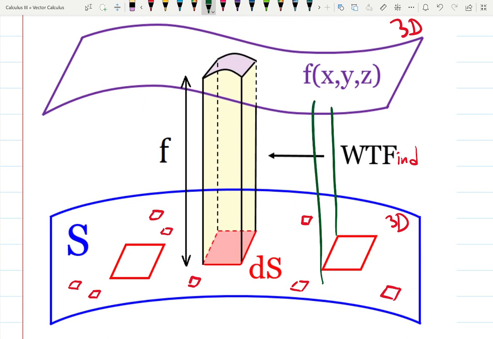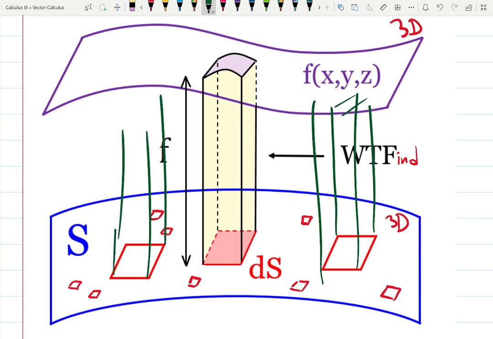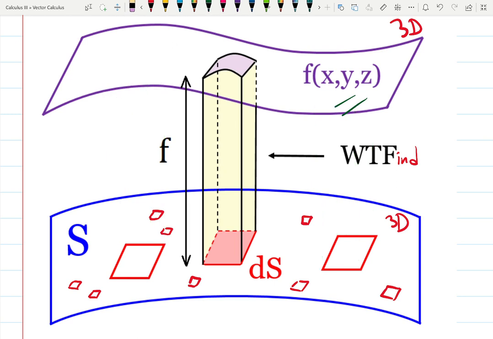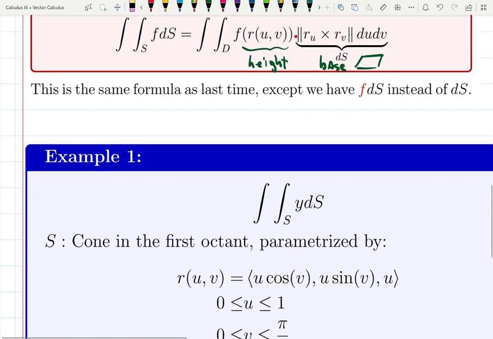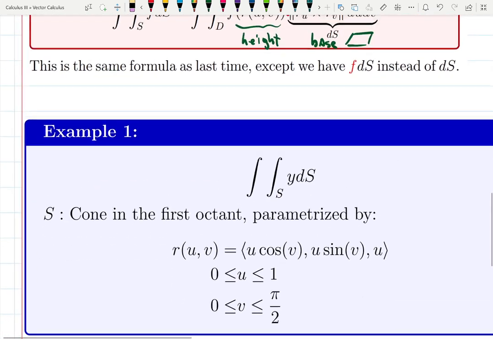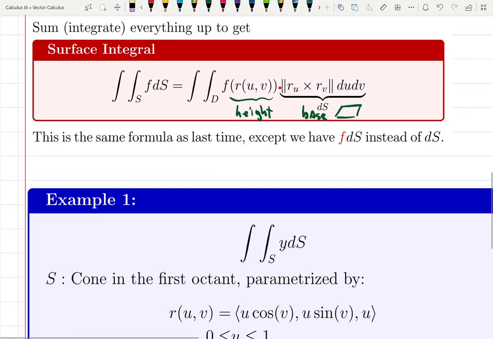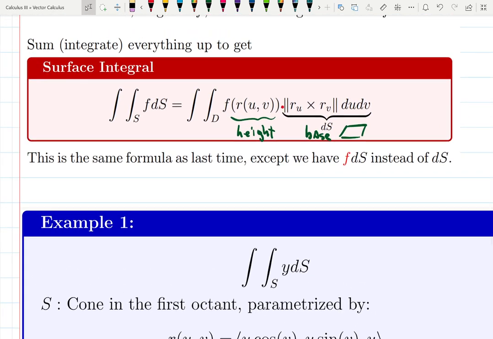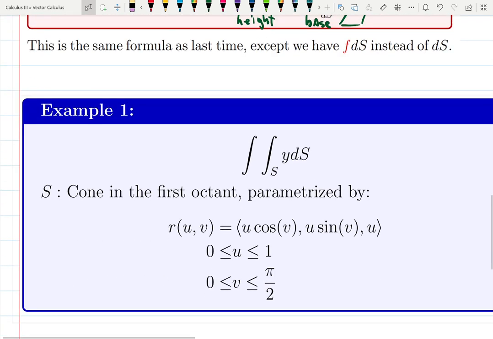Height times base, height times base. Collecting them all in 3D gives you double integrals. So that is the idea. Sounds very complicated, and that is the case. It is very complicated. This is the same formula as the last time, except we have f dS instead of just dS. So let's work this out.